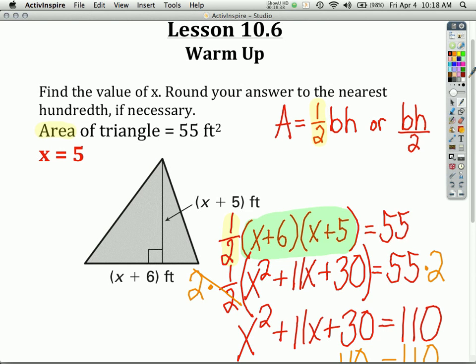Davis? Well, how I got it, I picked the 5, since it was 55, I chose 5. I plugged it in, and what I got was 11 and 10, and when I multiplied it equals 110.